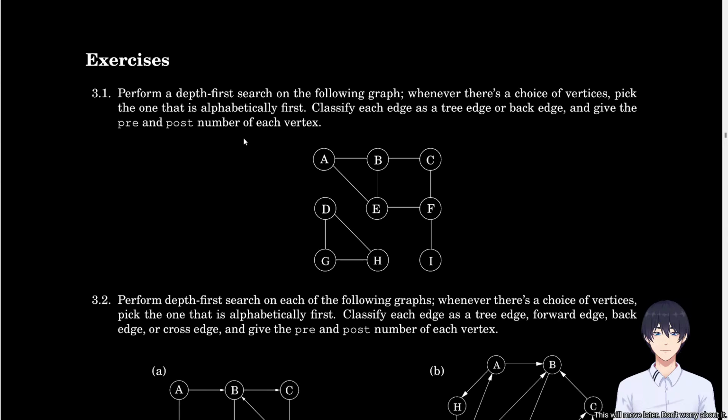Okay. Exercises. DFS on the following graph. Whenever there is a choice of vertices, pick the one that is alphabetically first. Classify each edge as a tree edge or back edge and give the pre and post number.